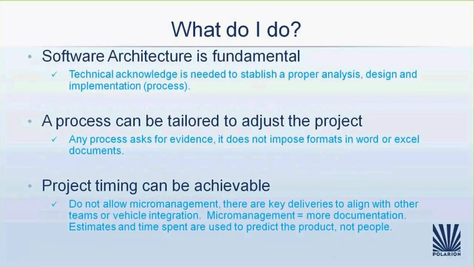But if you put in micromanagement, like details, show me when you're going to start and finish your coding, show me when you're going to start your task and the testing, then that becomes measuring people, and that doesn't work. The estimates and the time spent shall be for the product itself, to know how long the product is going to take to be done, instead of criticizing people.